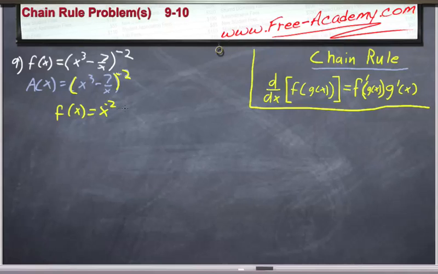For chain rule problems like this, I like keeping the parentheses as a placeholder and not worrying about the x's at all. It makes it a little more intuitive to put things in after the fact. Now we're also going to rename x to the third minus 7 over x as g of x.